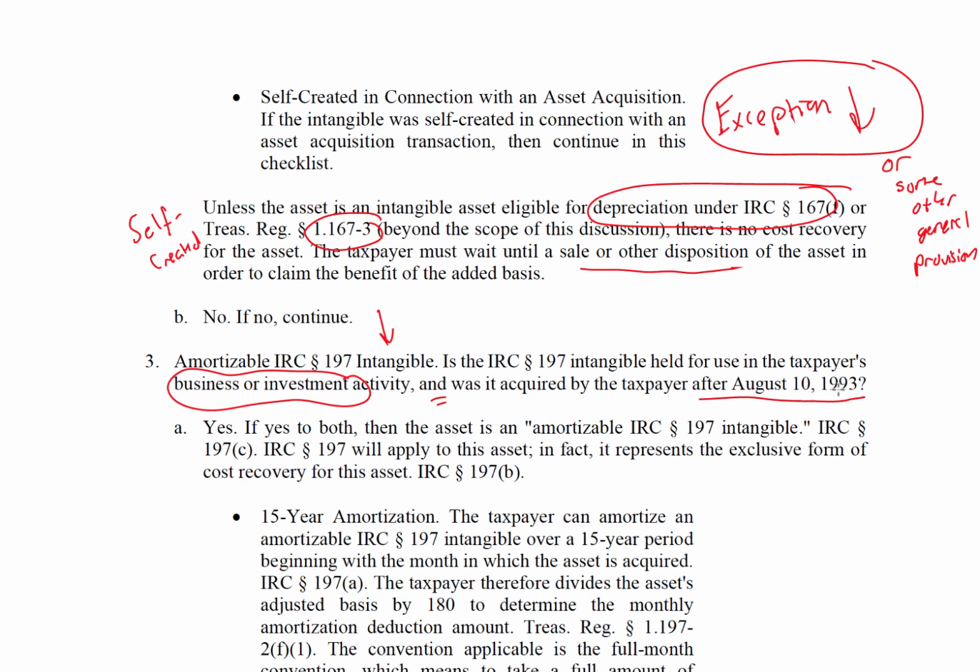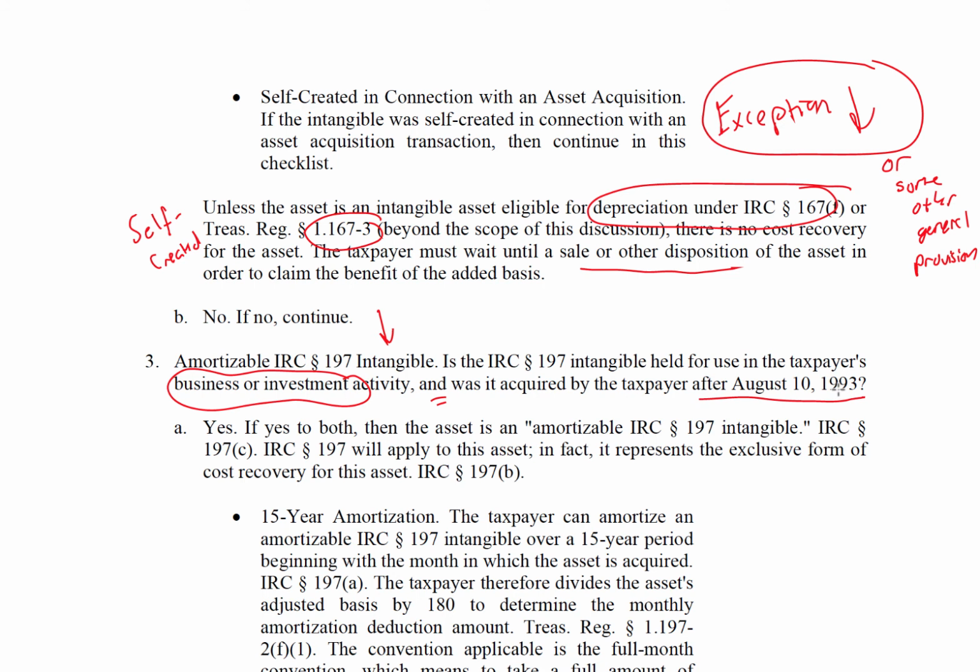The reason this rule came into play is that before August 10th, 1993, it was very limited types of assets, and there were a lot of facts and circumstances to determine whether your asset qualified in a specific category. Then Congress came in and made it a lot more bright line. There's still some subjectivity out there, but it's a lot more straightforward now after August 10th, 1993.